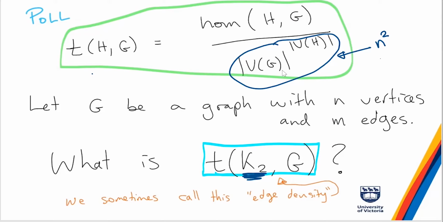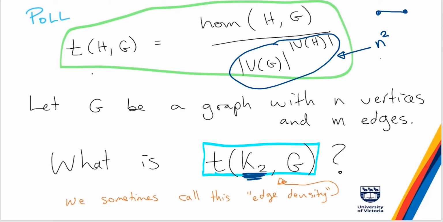The numerator: there's a lot of people picking things like m, which feels natural. It's the number of edges, but actually it should be 2m, because if I look at an edge of G, there are two different homomorphisms that map to that edge, this way or that way.